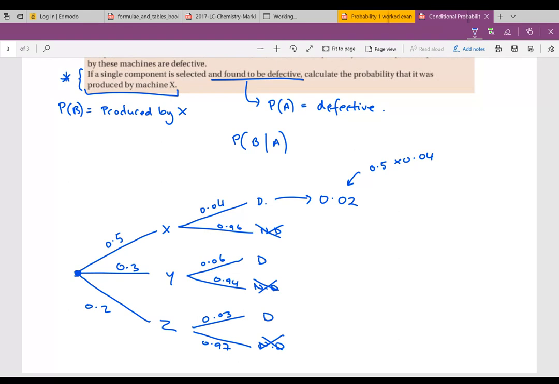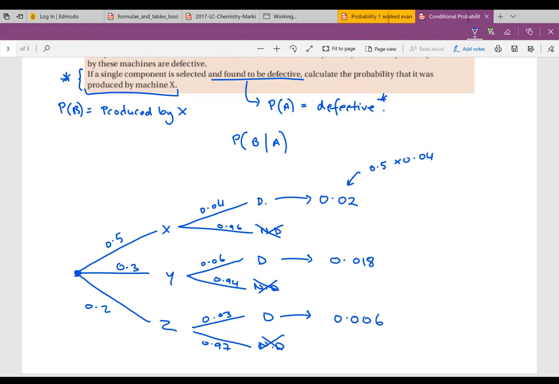The probability that it is defective and produced by Y, because remember, I need the probability that it's defective at all, by X, Y, or Z, is 0.3 times 0.06, which is 0.018. And the probability that it is made by Z and defective is 0.2 times 0.03, and I get 0.006.